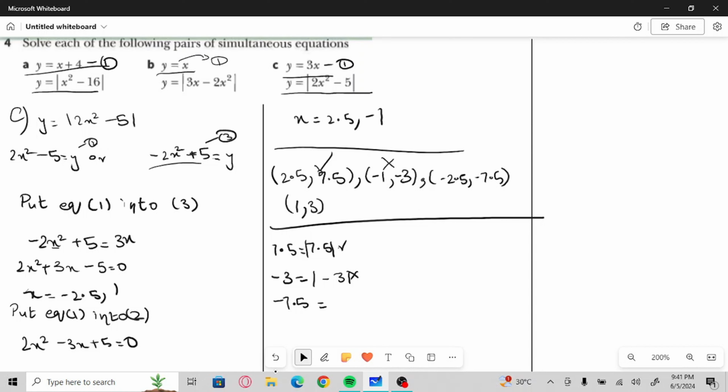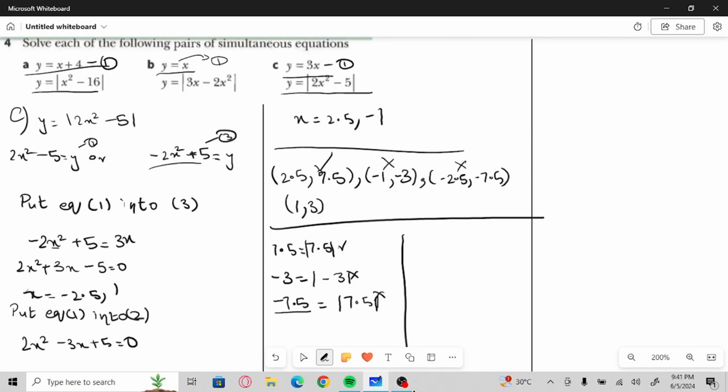Minus 2.5 squared gives us 6.25, multiplied by 2 and subtracted from 5, which gives us 7.5. Again, I told you at first, we cannot have a negative value out of a modulus. Either it's negative or positive inside, we do not care. But still, on the other hand, there is a negative value. So this one is also going to be incorrect.